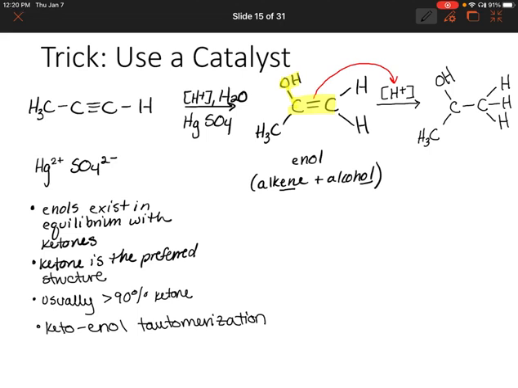So that's going to be positively charged because it lost an electron during that process. Now, in order to alleviate that positive charge, the oxygen can use one of its lone pairs to come in and make a double bond.